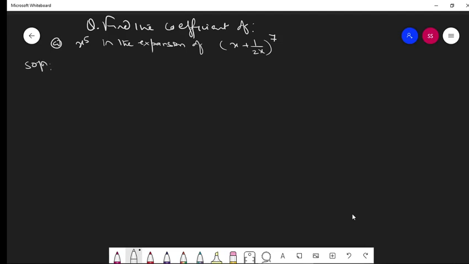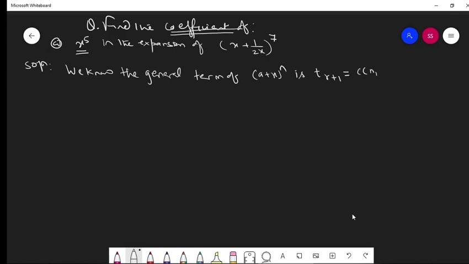We have to find the coefficient of x to the power 5 in the expansion of this. Then, dear students, we know the general term of (a + x) to the power n is T(r+1) = nCr a^(n-r) x^r.